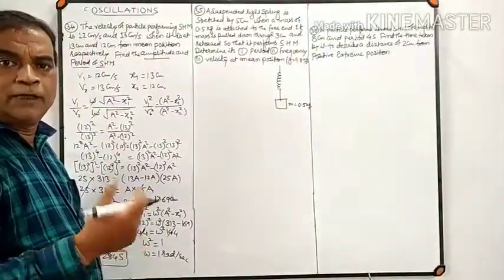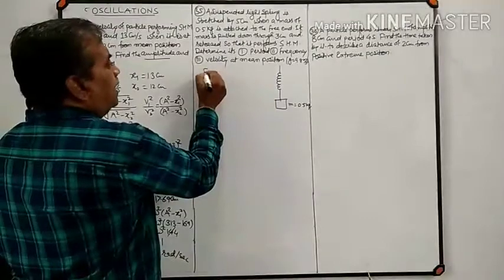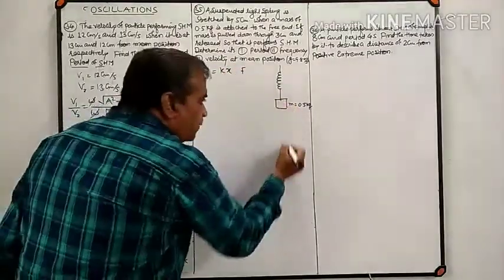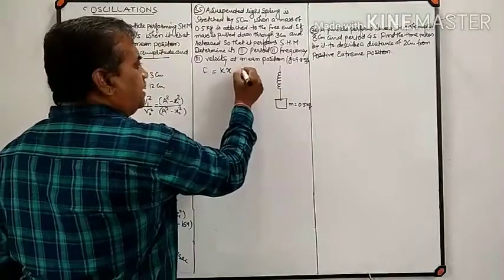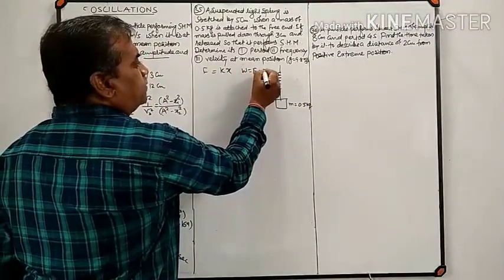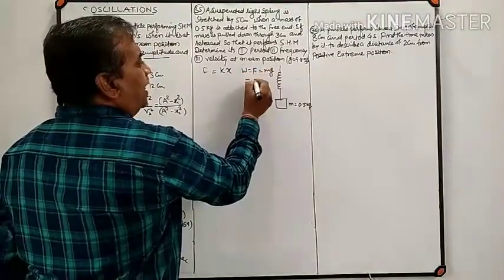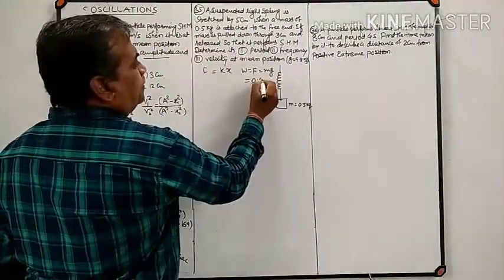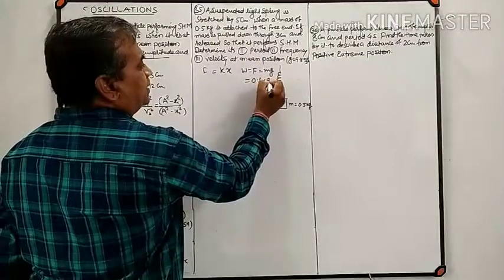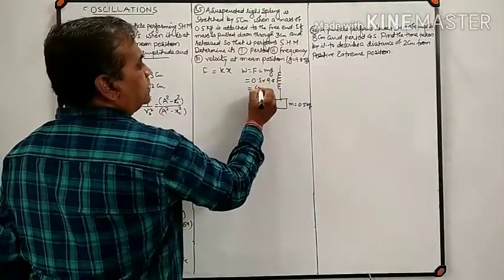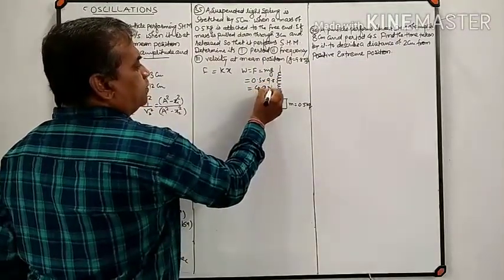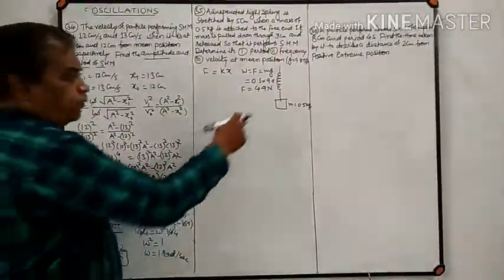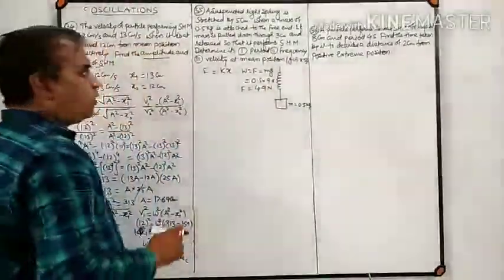F is equal to K into X, and F, which is the weight, W, is equal to M into G. Mass is 0.5, into acceleration due to gravity 9.8. So this is 4.9 Newton. This is the force acting on the spring, the weight of that block.